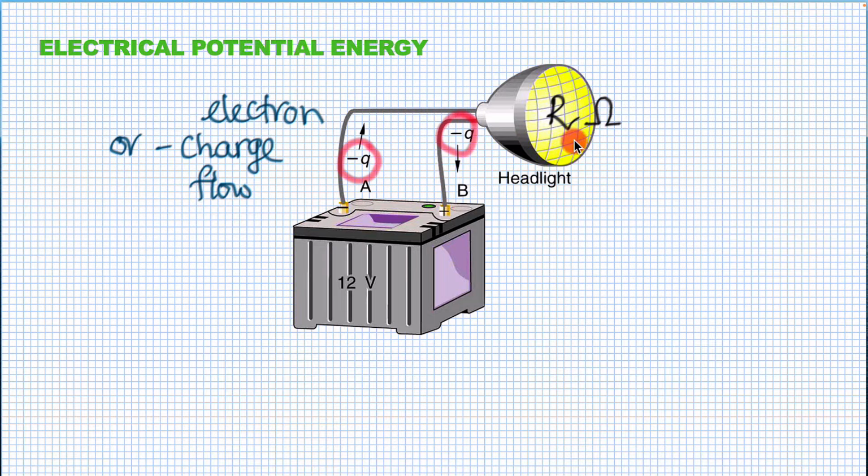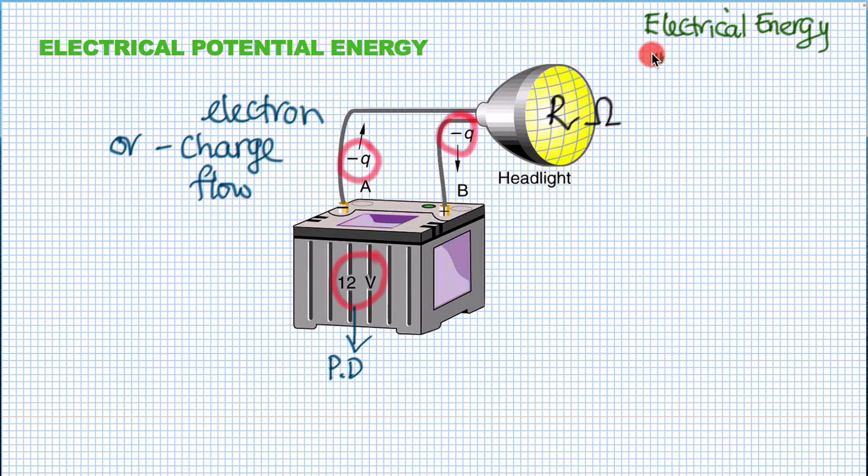Now the headlight in this particular case is designed to convert the electrical energy into light energy, obviously, for driving in the dark. So let's say if this was a car headlight. Now the energy supply, or the potential difference supplied to run this current and therefore to run the headlight, is 12 volts.